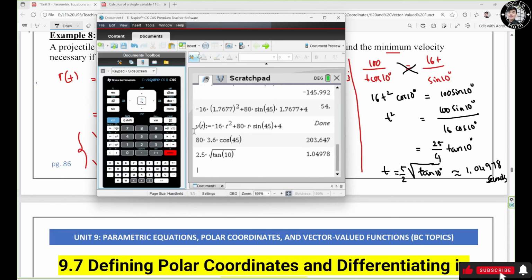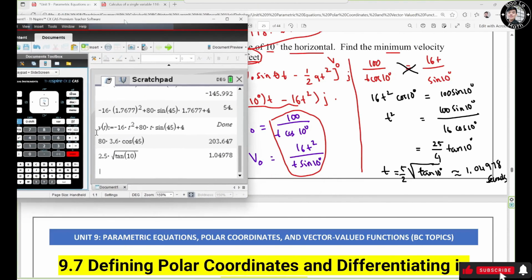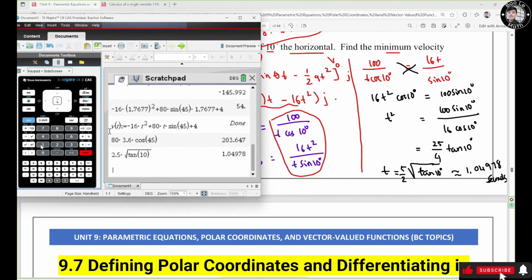So I'm gonna bring up the calculator. Now I'm gonna use the first equation, right? It's gonna be 100 divided by this value right here. I copy this one down over here. Don't forget parentheses.